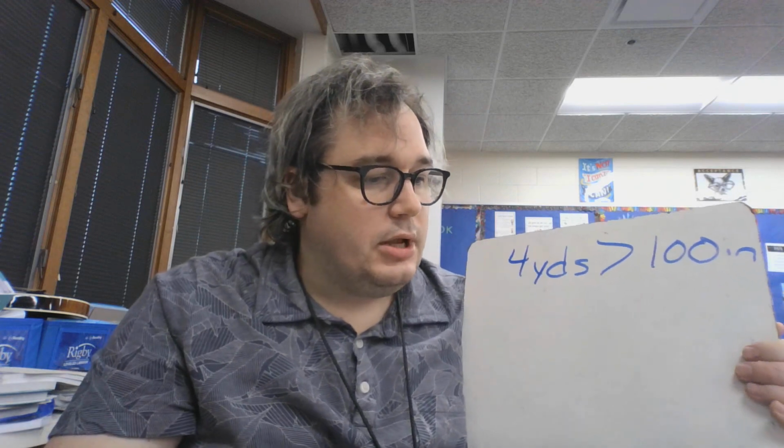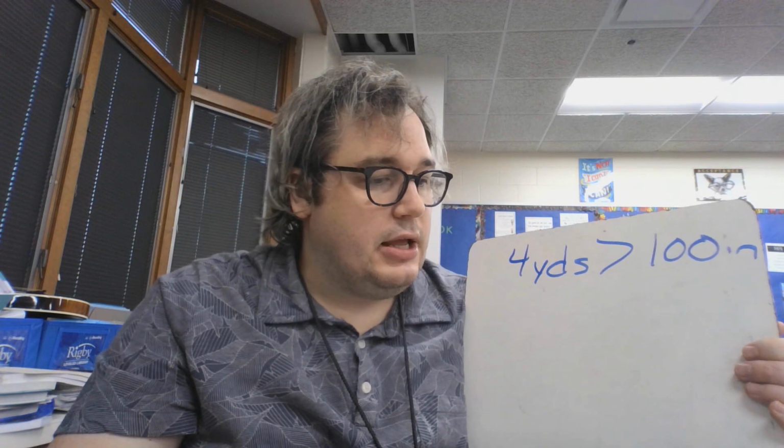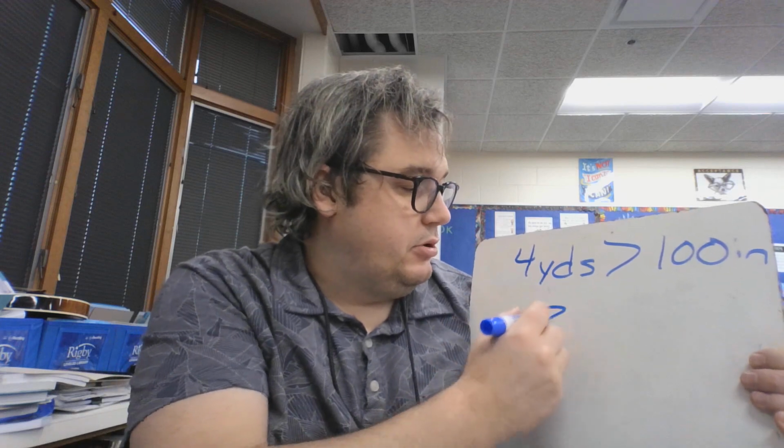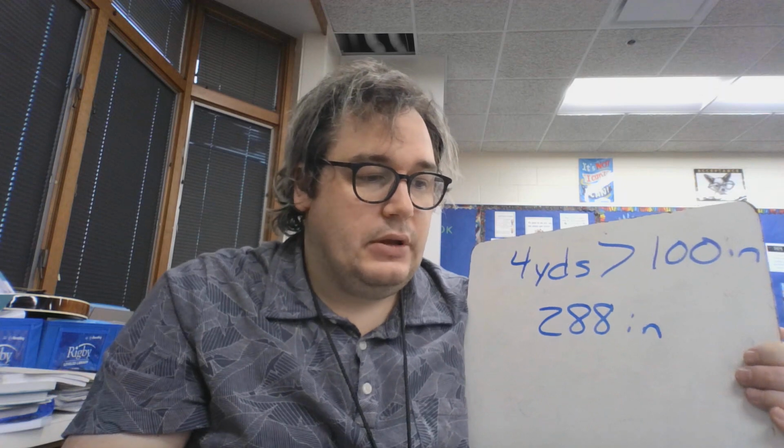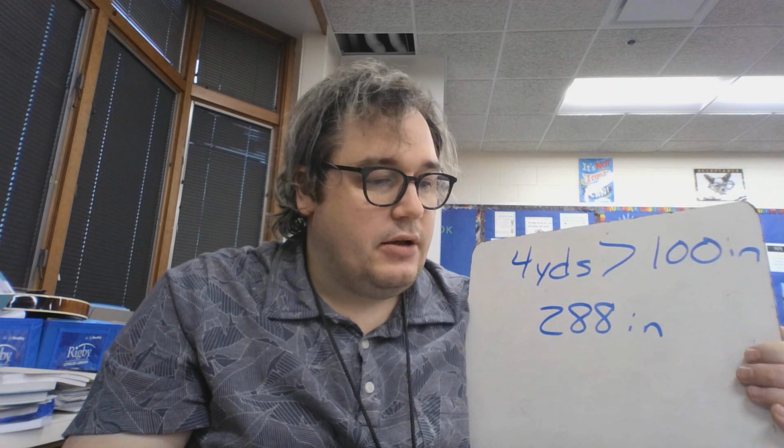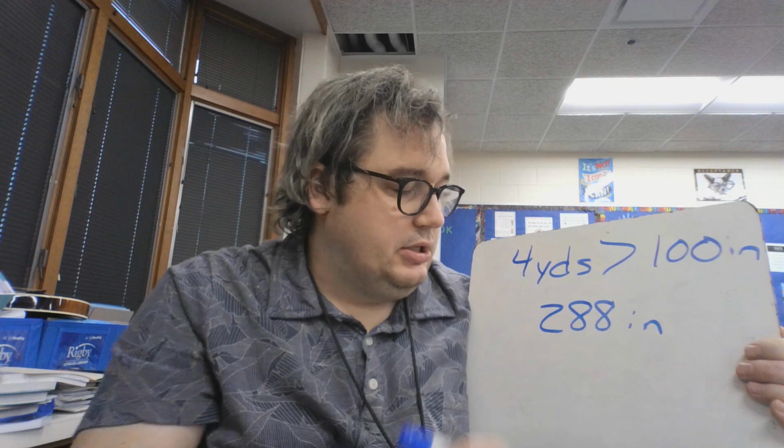All right. Number 7, you should have found that 4 yards is greater than 100 inches. On number 8, you should have found that 8 yards is equal to 288 inches. On number 9, you should have found that 28 yards is equal to 84 feet.